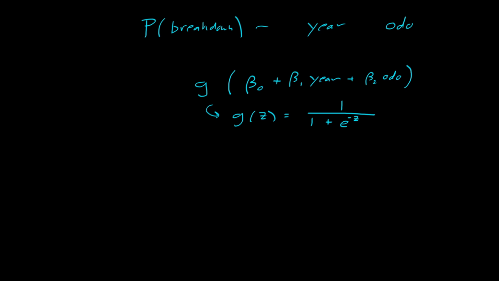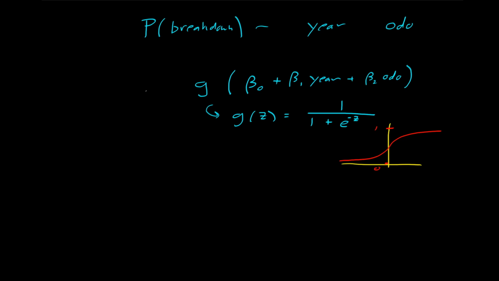And I know we were just griping about poorly hand-drawn graphs, but here we go. That function looks like this. That g of z, it's just like that. And of course it's 1 and then 0.